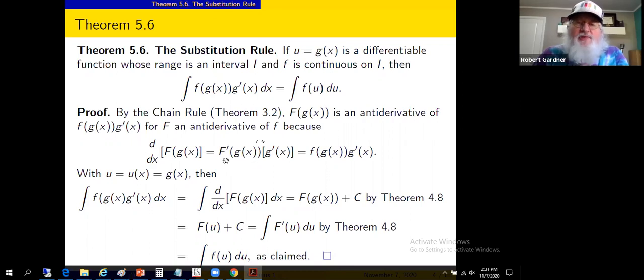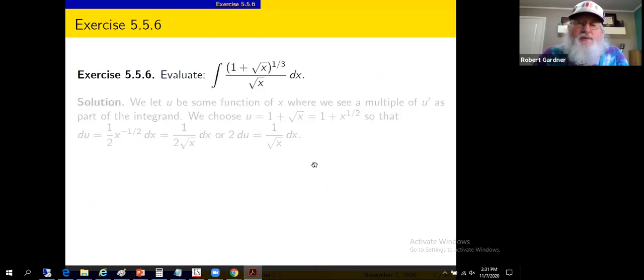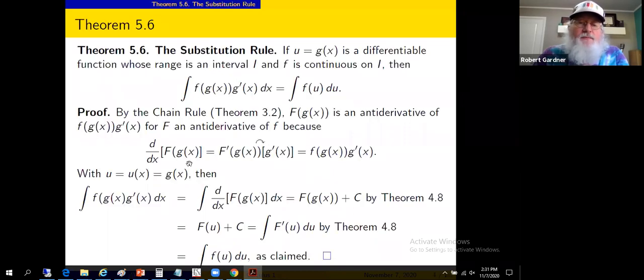Hey, what is capital F prime? Well, I said let capital F be an antiderivative of lowercase f. That means when you differentiate capital F, you get lowercase f. So capital F prime is lowercase f. So the derivative of the composition is this thing here. Well, that's exactly what the integrand is on the left-hand side.